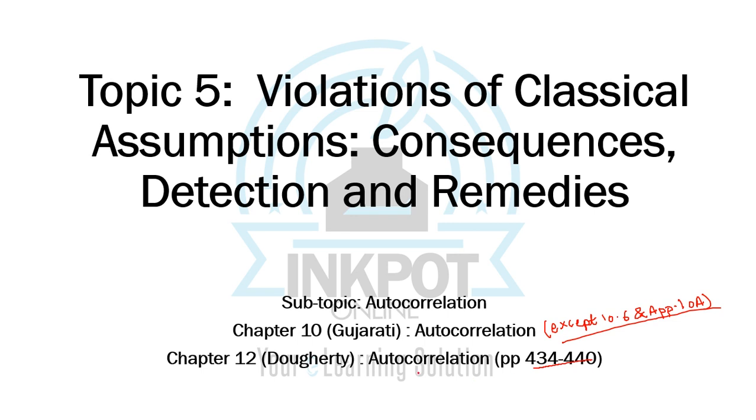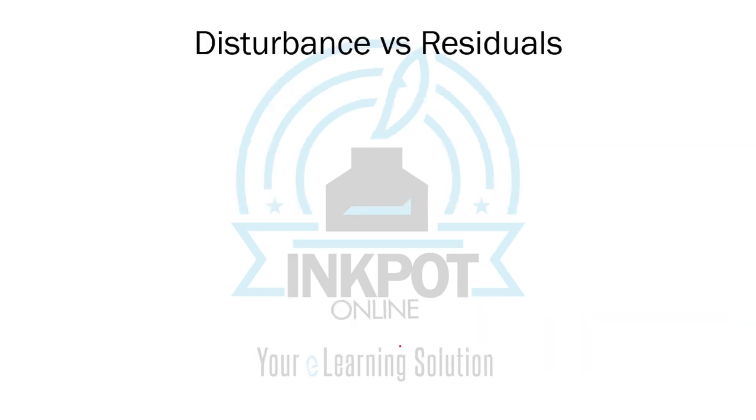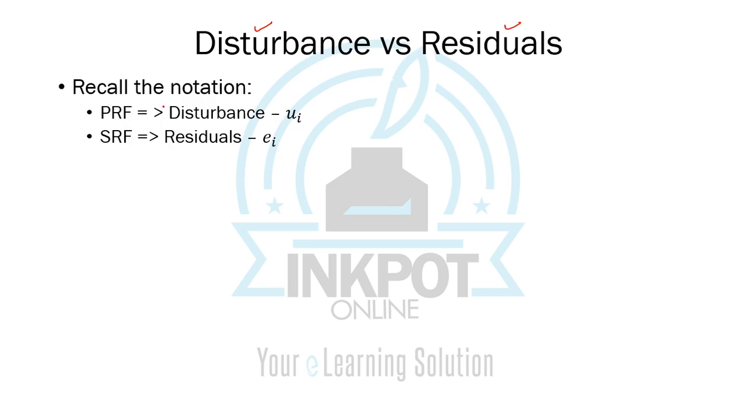Okay. So before we can discuss what the problem of autocorrelation is, just a brief review of the difference between disturbance and residuals. If you recall, in the beginning when we started the OLS model, and if you have read Gujarati by now, you would have come to know that there is a population regression function and a sample regression function, and Gujarati likes to use the disturbance term, the term ui, in that population regression function.